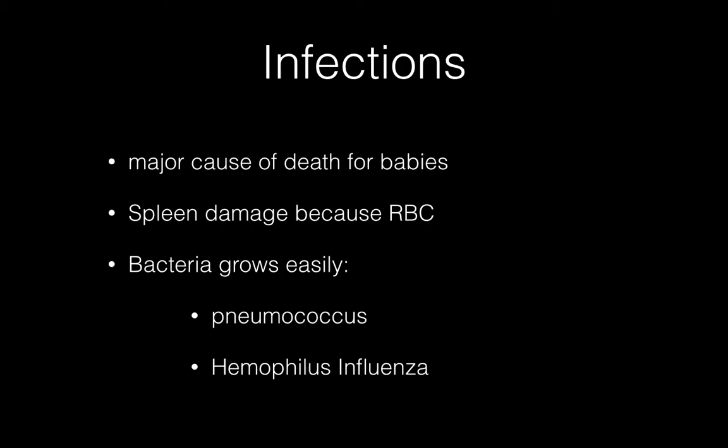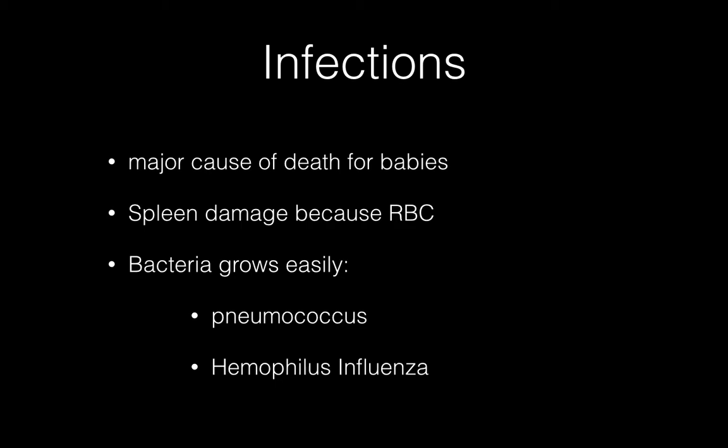Infections. Infections are the major cause of death in children with sickle cell anemia under the age of 5 years. The spleen functions as part of the body's defense against infection by serving as a filter to remove bacteria from the bloodstream.